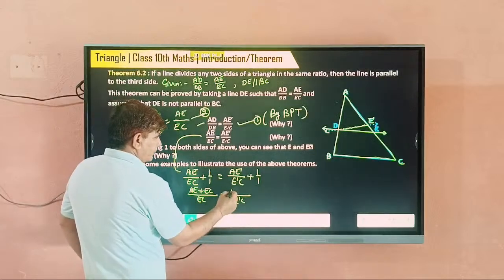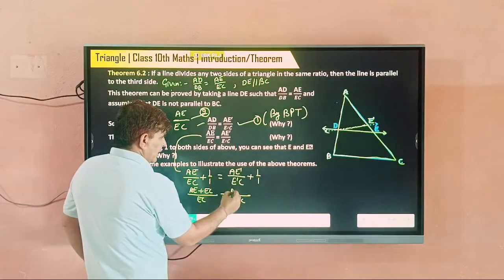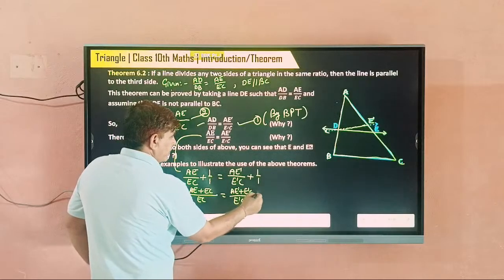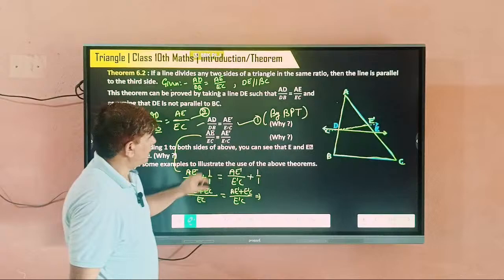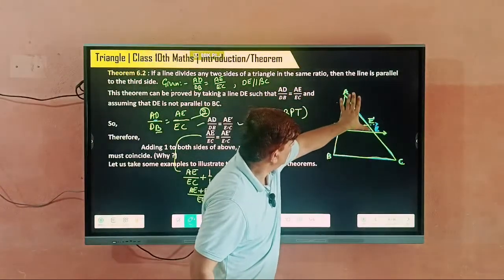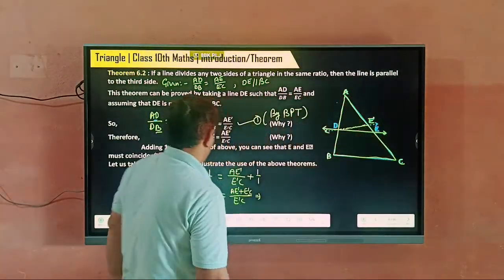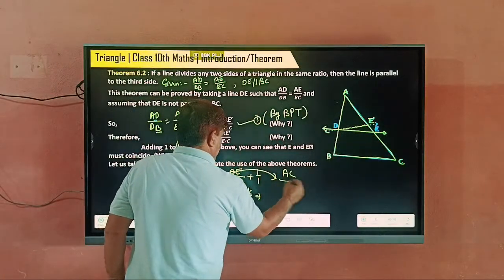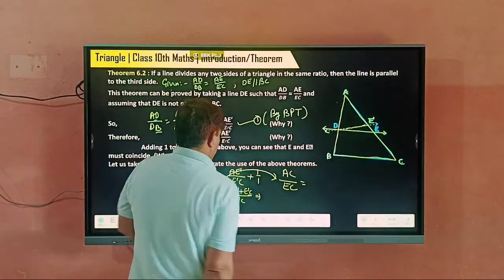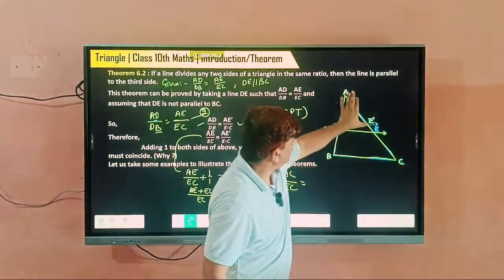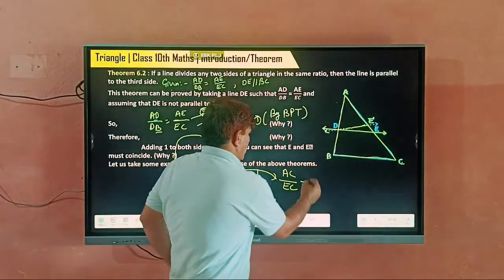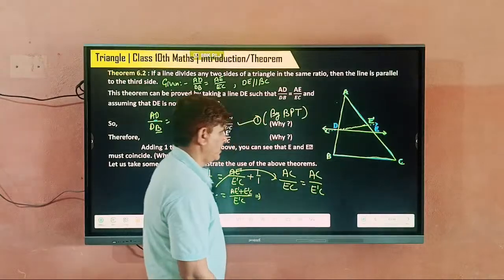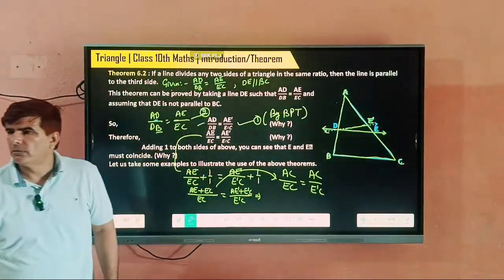What does it become? AE dash plus E dash C. And what about AE by EC? It becomes AC by EC. And AE dash by E dash C also becomes AC by E dash C. Both are equal.